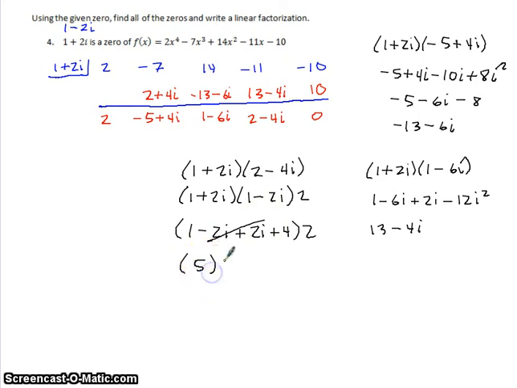We have 5 times 2, which is 10, so we do get a 10 there. And I felt pretty confident that I would end up with the right thing, because of the two conjugates.